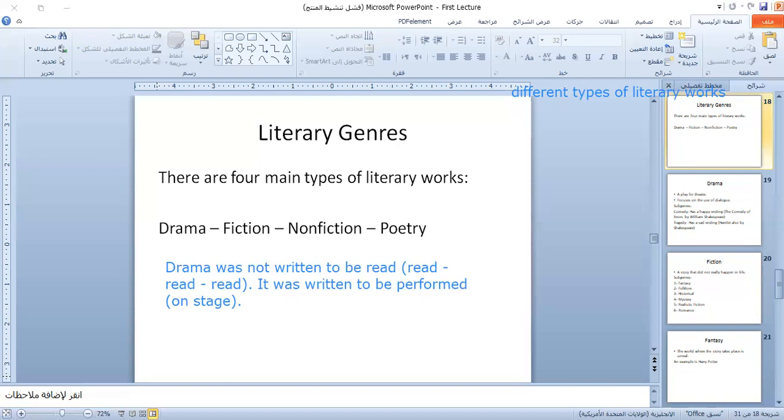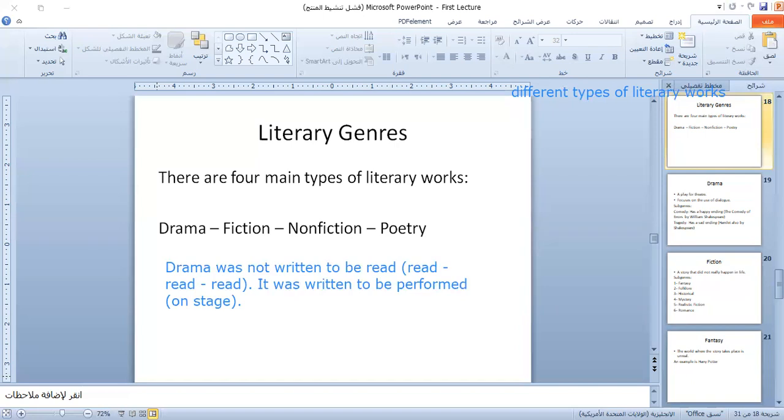The main distinguishing feature is that, unlike drama, fiction, and nonfiction that are written in prose, poetry is written in verse. And like I said, it's made into lines, not paragraphs, unlike fiction and nonfiction.